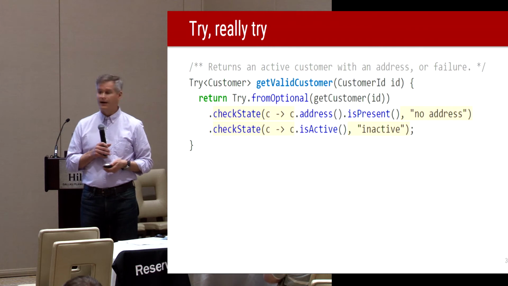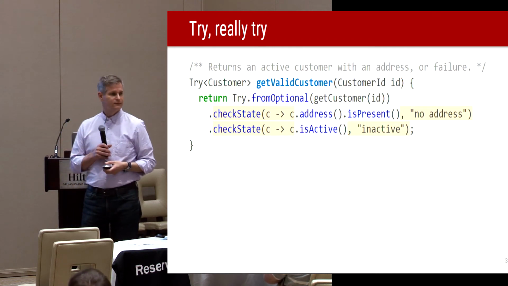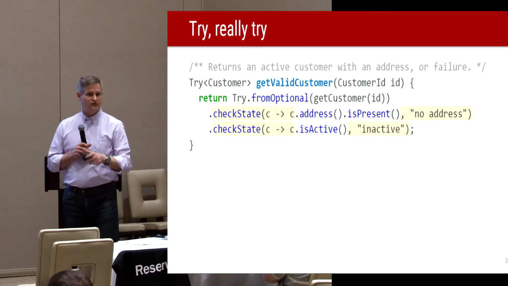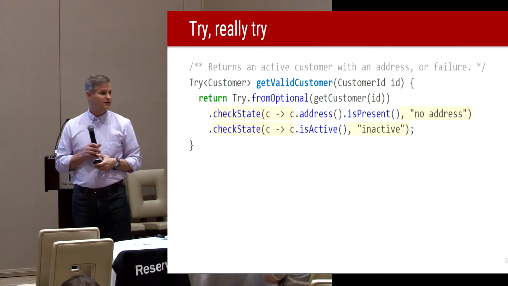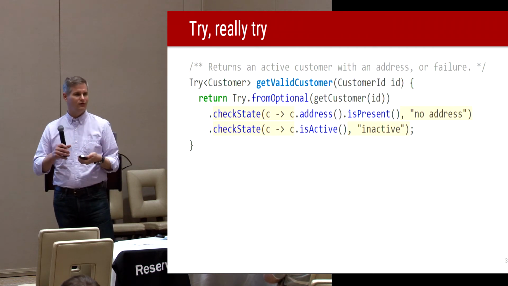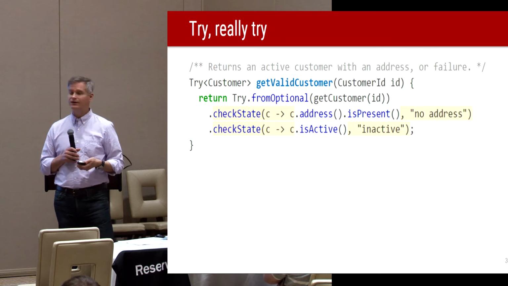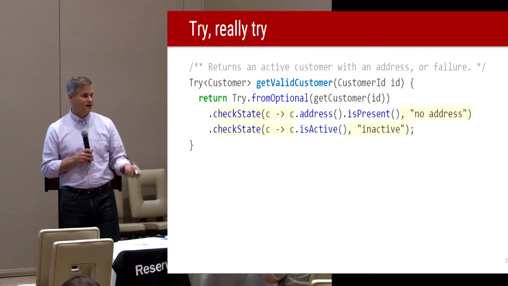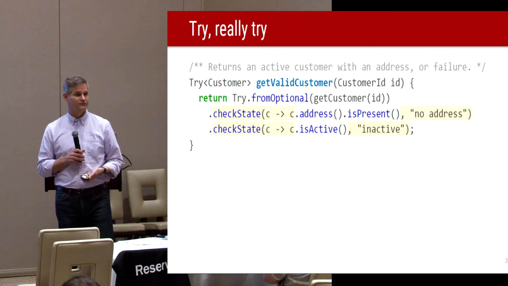And I'm going to consider this thing to be a failure if the customer is not active. Does that make sense? You can already see that we're starting to get the boilerplate out of the mechanical jumble, getting closer to reading the intent, which is: get a customer, if he's there, make sure he's got an address and that he's active.